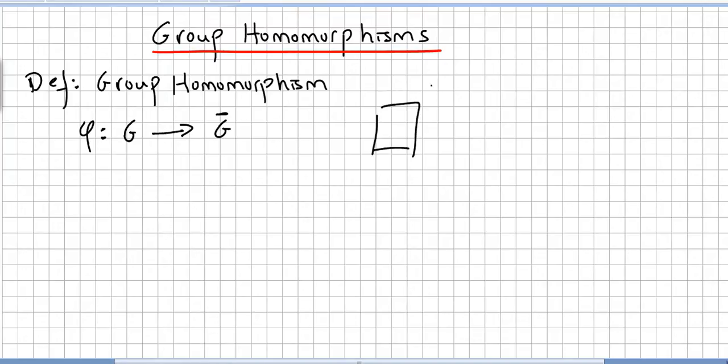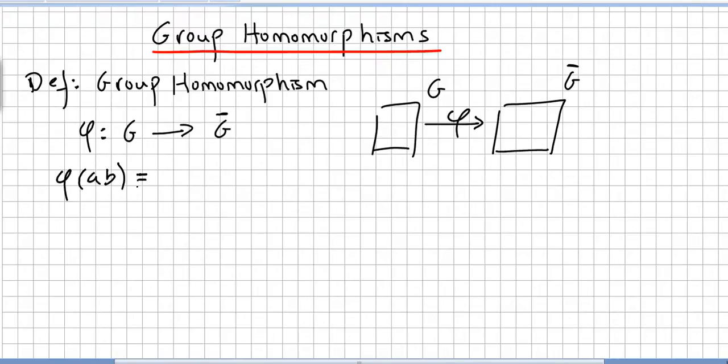So you have G here and G bar here, and phi is this mapping from G to G bar, and phi preserves the group operation, meaning phi of AB equals phi of A, phi of B.